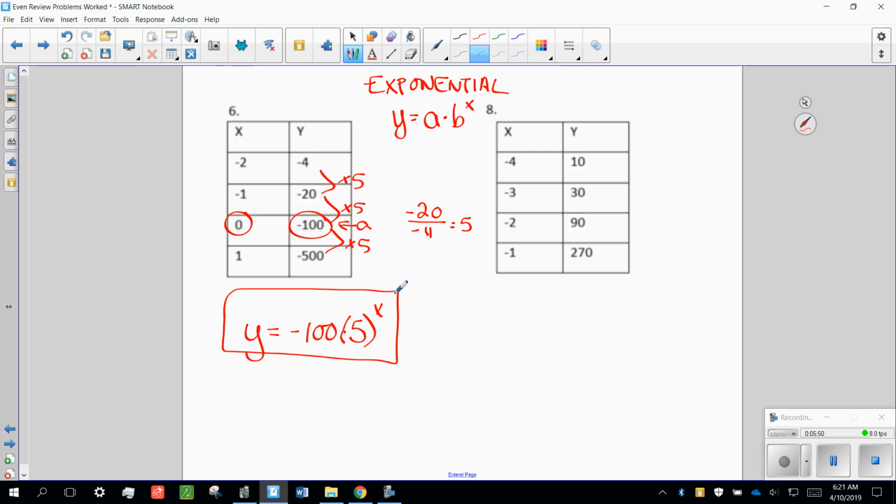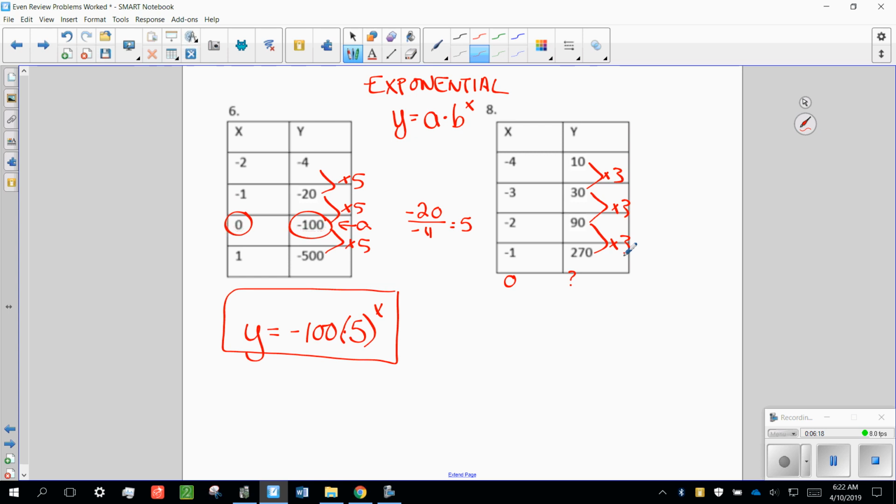Now let's look at number 8. You'll notice we don't know what y is when x is 0. It's not a part of our table. So let's look for the constant multiplier first. How are we getting from term to term? We're multiplying by 3. So on this one we know what b is, and we could use that to find a by plugging in a coordinate and solving.